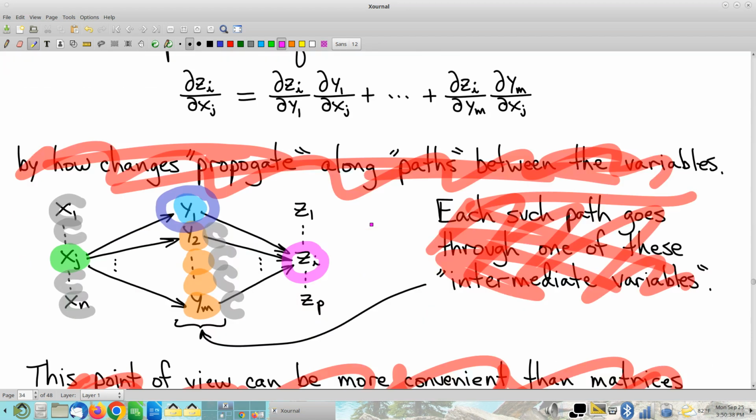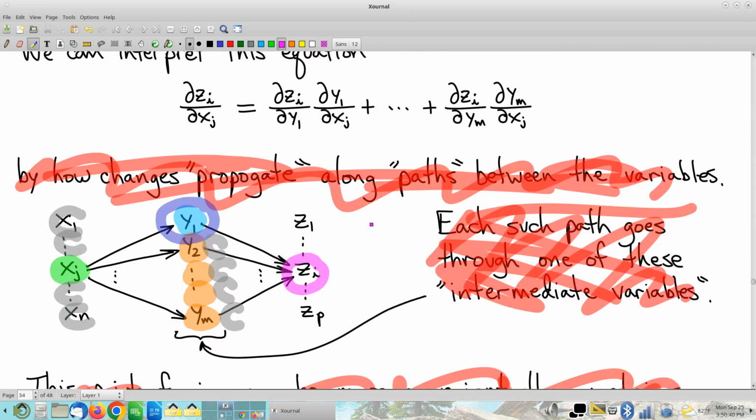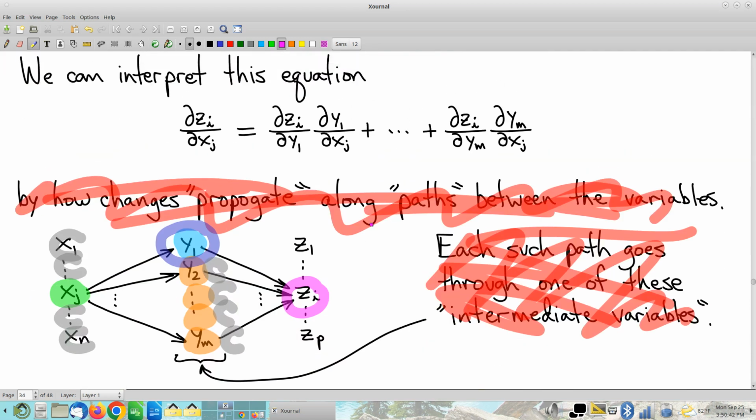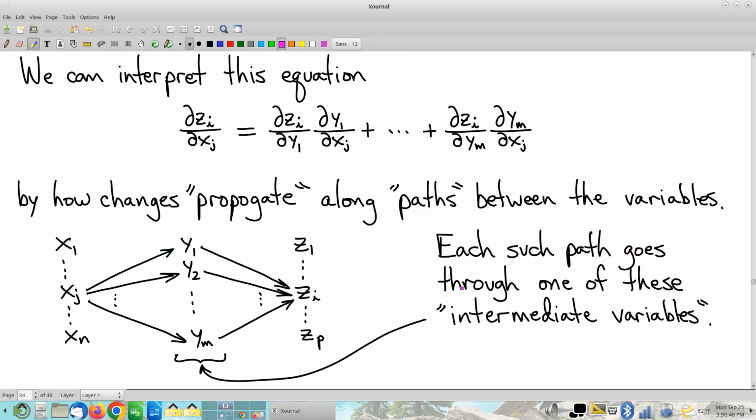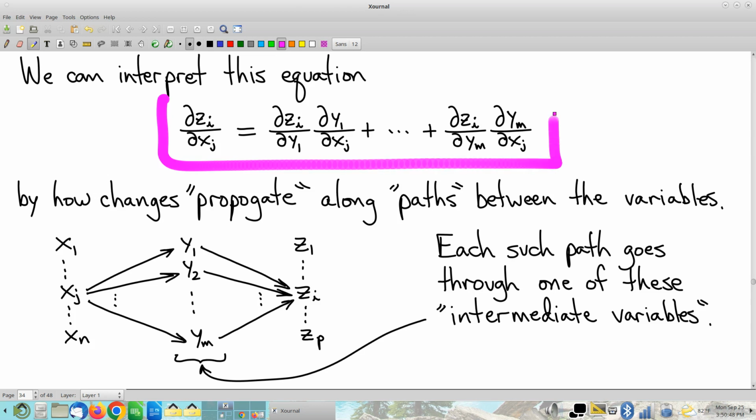Okay, so yeah, now back to this page. Let's try to make sense out of our equation that we've written down, our very convenient single equation, avoiding matrices. Isn't that nice? How does this make sense on the diagram? Okay, keep in mind, xj is changing.